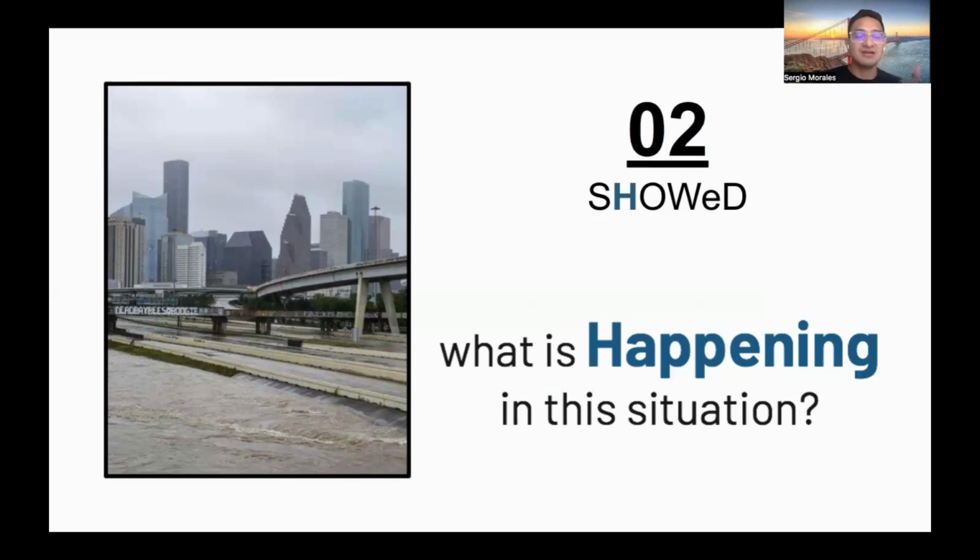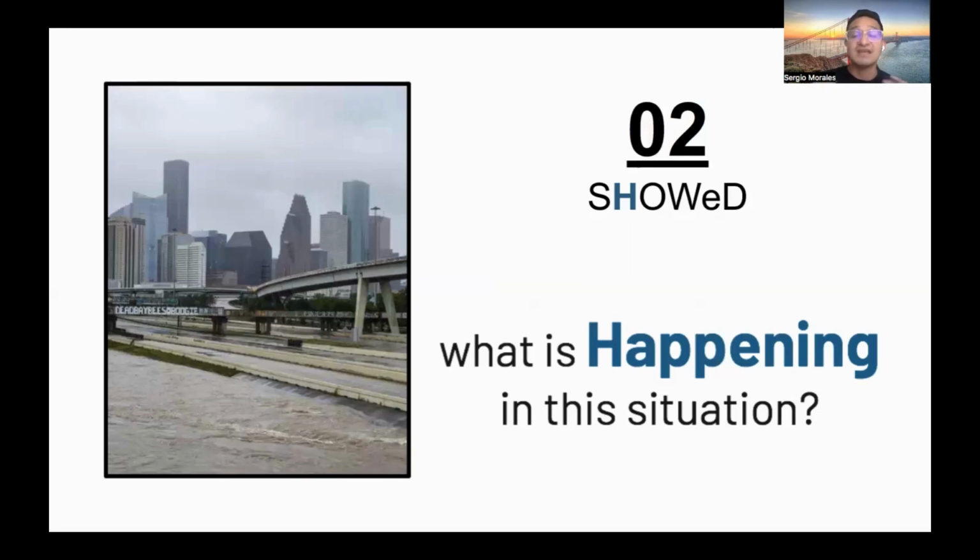Houston floods a lot when a storm hits, especially a hurricane, and this is the aftermath of Hurricane Beryl in Houston.